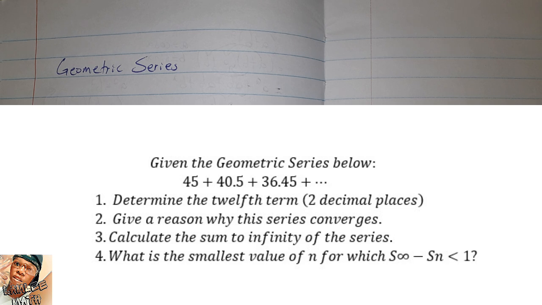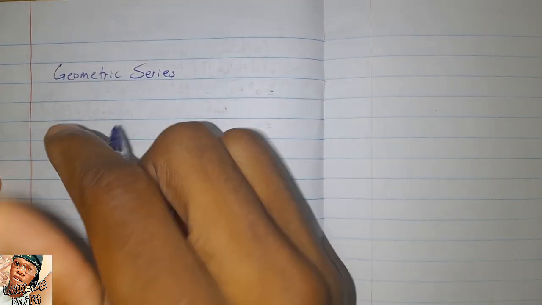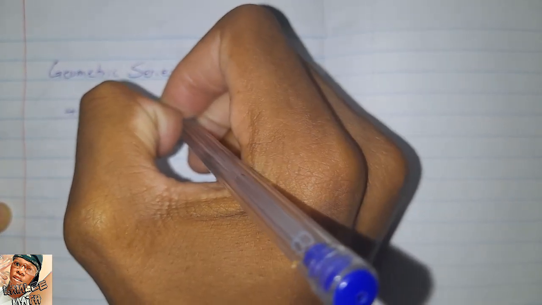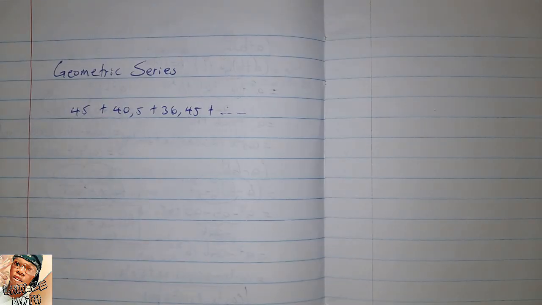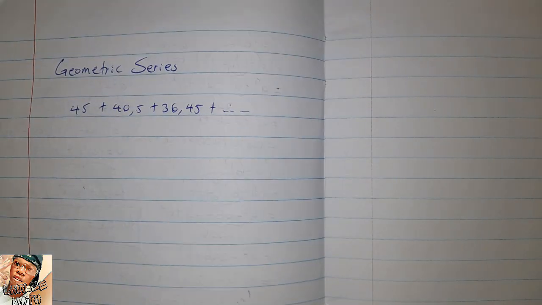So in this typical example, we have been provided with a geometric series, and it has the following terms: 45 plus 40.5 plus 36.45 and so on, right? When I've been provided with information such as this, what you have to do first is analyze it, like I said.